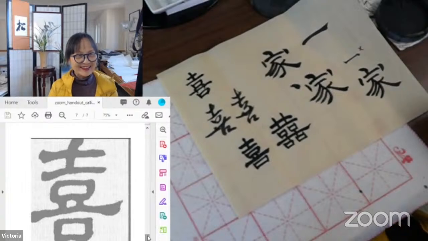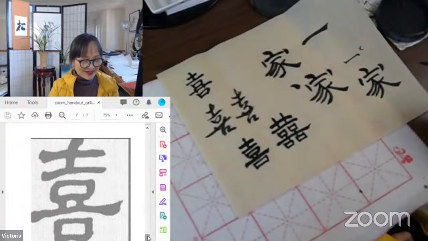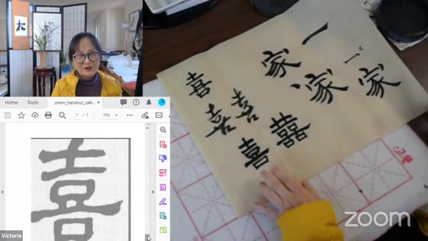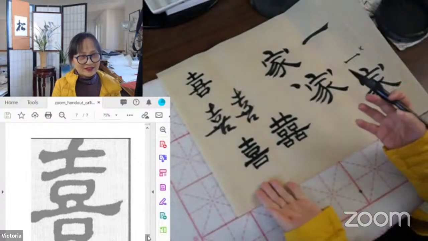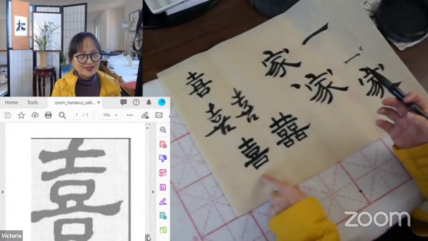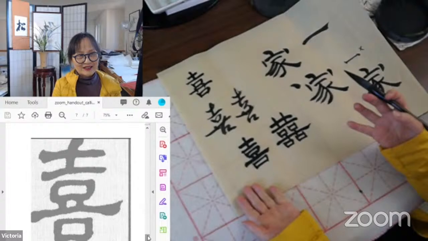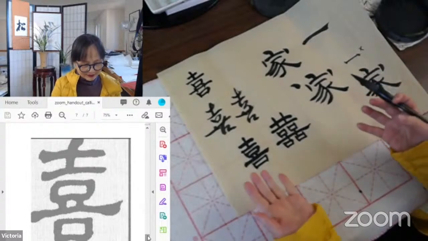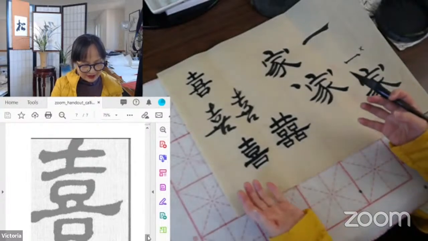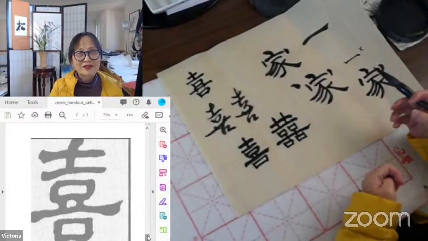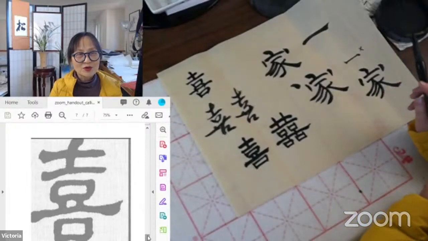You can tell, right? It's actually like left and right. The character itself is kind of left and right, I mean, kind of flipped, right? And you want to show it like this.